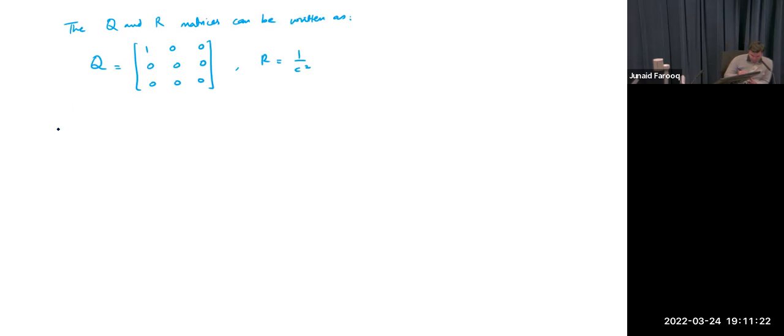Okay. Because it's a 3x3 state space now, your Q and R should also be consistent with the dimensions.